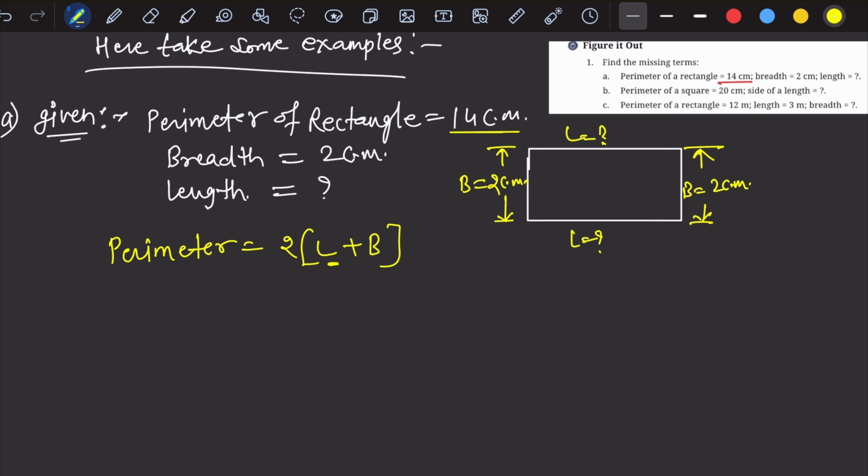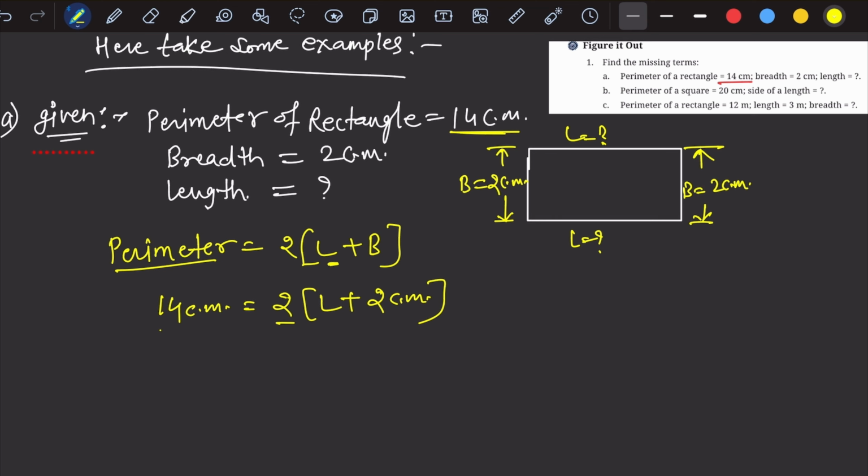Here we have to find L. Now we will put 14 centimeter in place of the perimeter. So 14 centimeter equals 2 into (L plus B). We have to find L, and B is given as 2 centimeter. Okay, so how will we calculate?